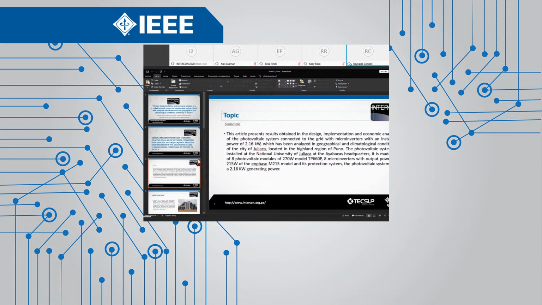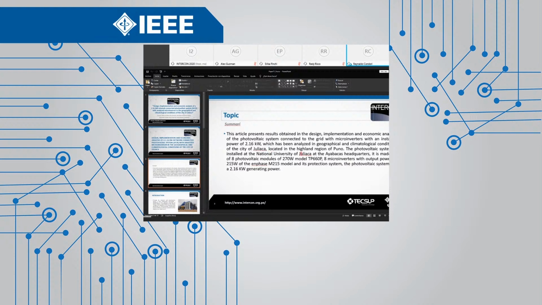The abstract: this article presents results obtained in the design, implementation, and economic analysis of the photovoltaic system connected to the grid with microinverters, with an installed power of 2.60 kilowatts, which is being analyzed in the geographical and climatological conditions of the city of Juliaca, located in the highland region of Puno.